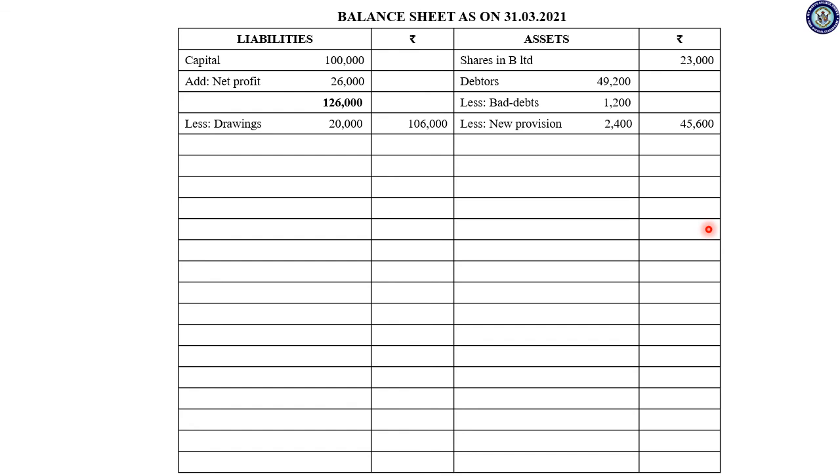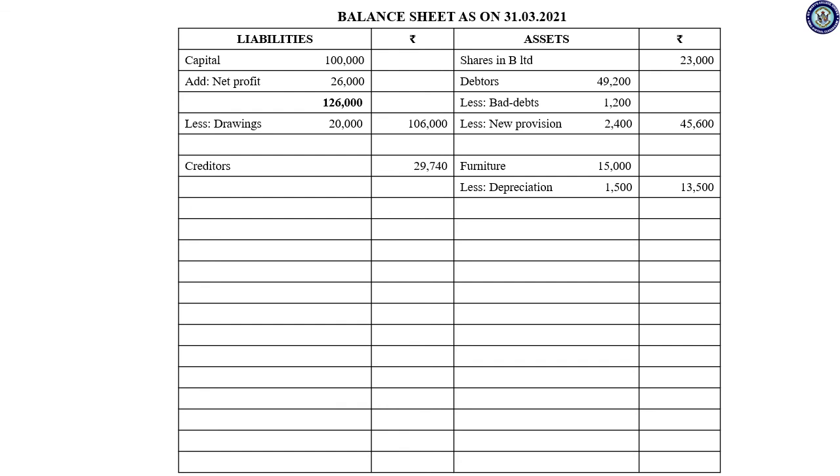So next item, after debtors, creditors. Creditors 29,740. Next, furniture. Write the amount in the inner column. There is a depreciation, so furniture 15,000 less depreciation 1,500.